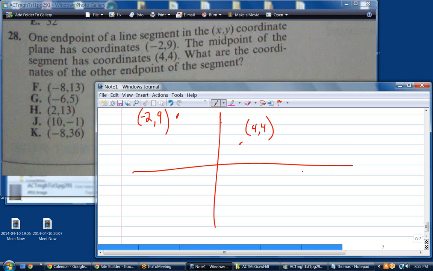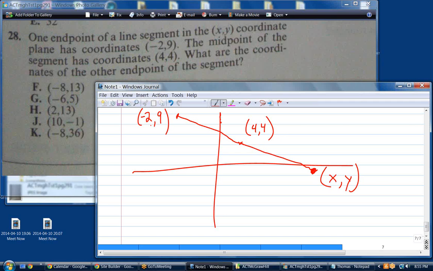So the other endpoint has to be about there. They're talking about a line where that is the midpoint of the line, and what they want are the x and y coordinates of the other end. I would say it'd be J. Very good.